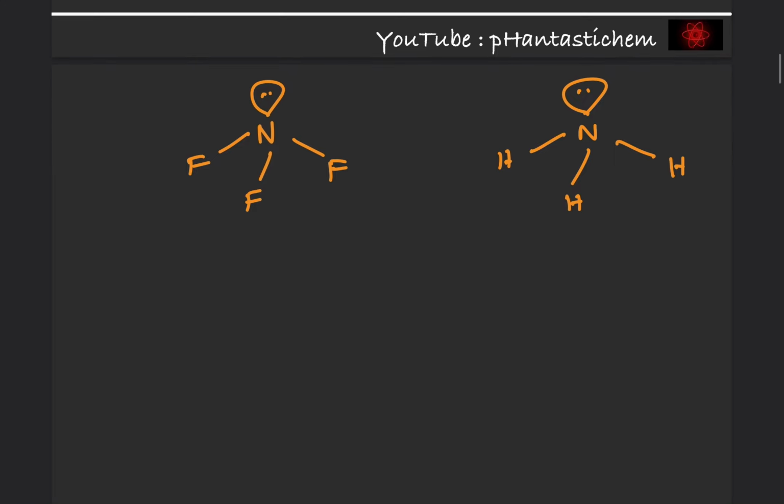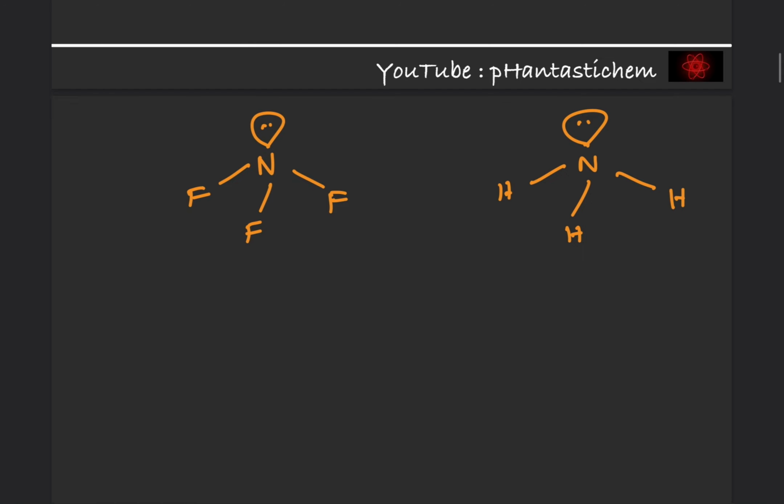Also, the dipole moment between the lone pair and nitrogen atom has to be considered in both of them, and the direction of the dipole moment is in the direction of the lone pair. This is how we show the dipole formed between lone pair and the nitrogen atom in both.